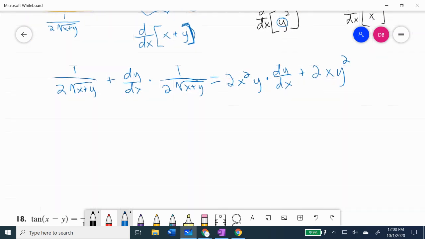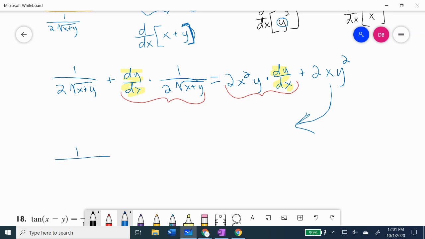Once I hit this stage, I am looking for where is dy dx and who is it multiplying directly to in between any addition, subtraction, or equal signs. I want to get those two together on one side of the equation and who isn't underlined together on the other side of the equation. So I'm going to move this over to the left.